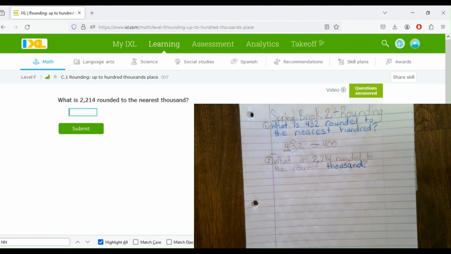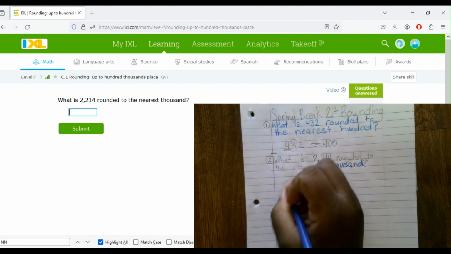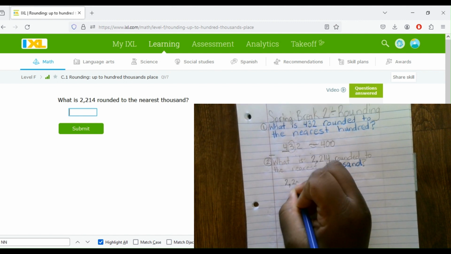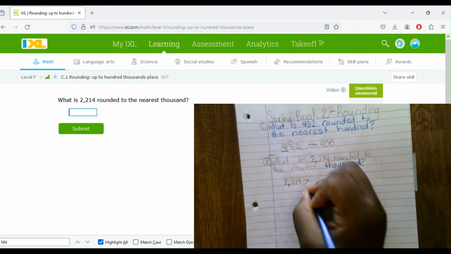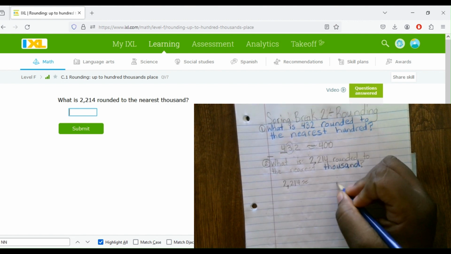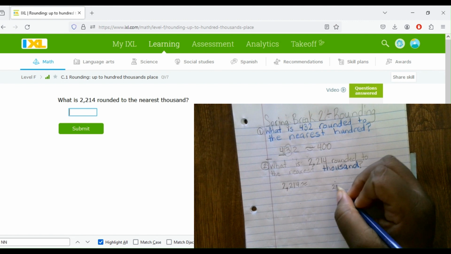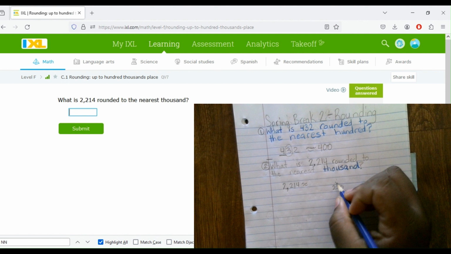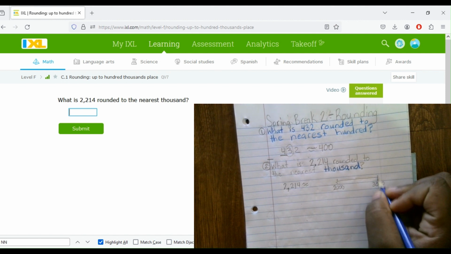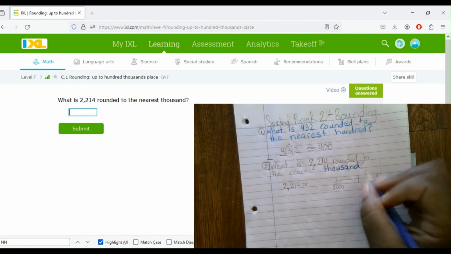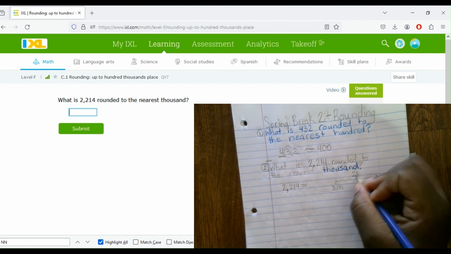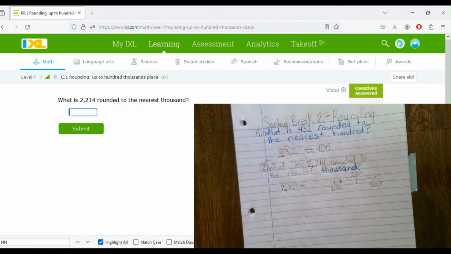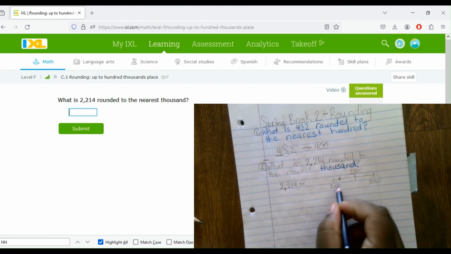Again, by now we have several strategies for rounding. You could put this bad boy on a number line, 2,214. Let's see, if I'm rounding to the nearest thousand, that means I'm going to use 2,000 and 3,000 as my endpoints. My halfway point would be 2,500. And 2,200 is somewhere over here. 2,214 is somewhere over here.